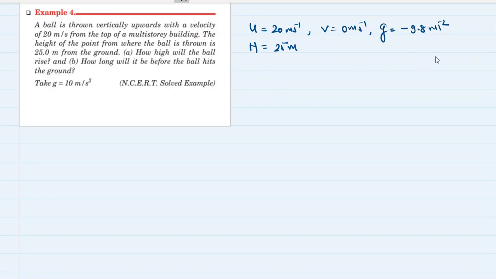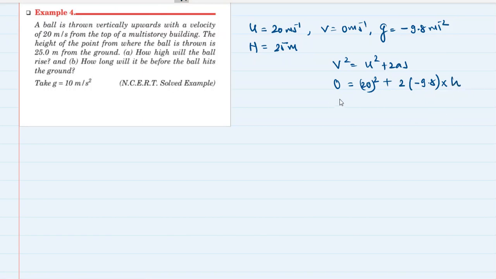So how high the ball rises can be found using the formula v square is equal to u square plus 2as, that is 0 is equal to 20 square plus 2 times minus 9.8 multiplied by the height, small h.